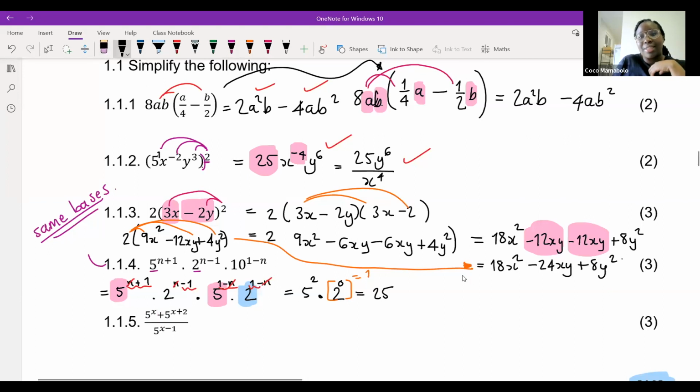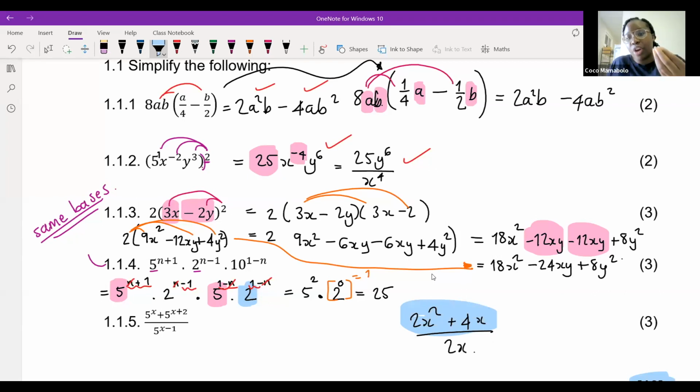Now, if I say to you guys that I've got 2x squared plus 4x over 2x, what am I going to do on the top so that I can get rid of my denominator? Before we divide, Jessica, what do we need to do on the top? Correct, Tyrika. We first need to factorize the top.